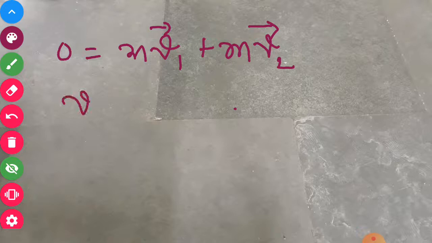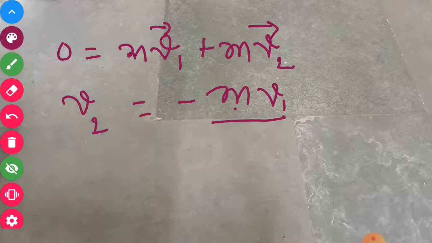So v2 can be found easily. It is minus m1v1 upon m2. Here automatically a minus sign comes because the velocity v2 is in the opposite direction of v1. We take m1 as the mass of the bullet and m2 as the mass of the gun.